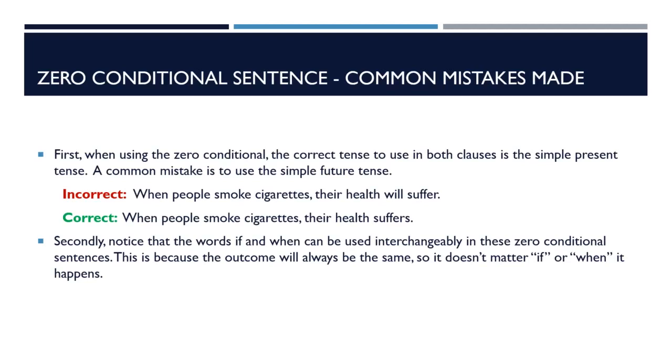Correct sentence: when people smoke cigarettes, their health suffers. Secondly, notice that the words if and when can be used interchangeably in these zero conditional sentences. This is because the outcome will always be the same, so it doesn't matter if or when it happens.